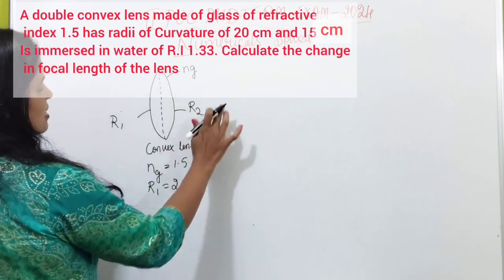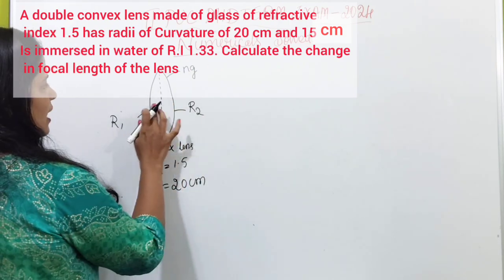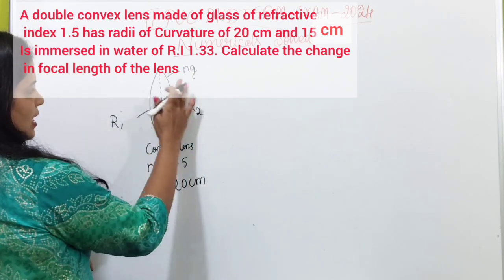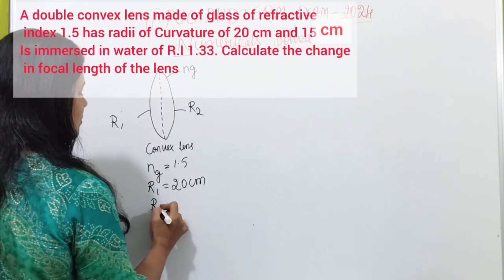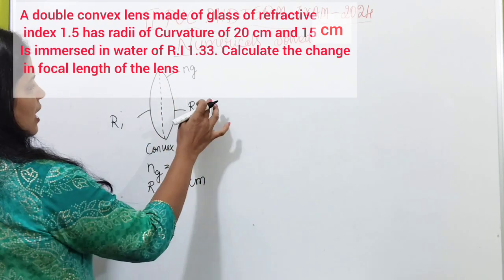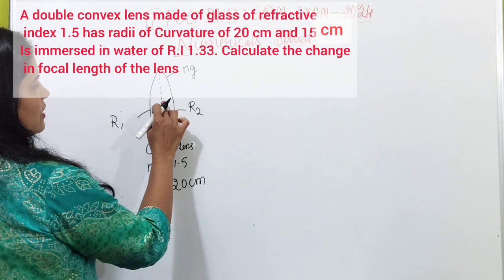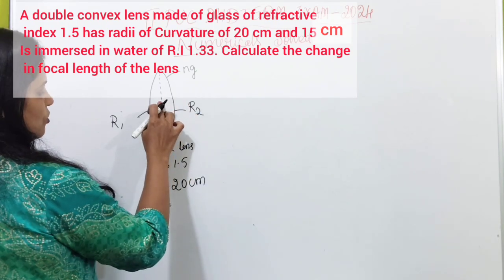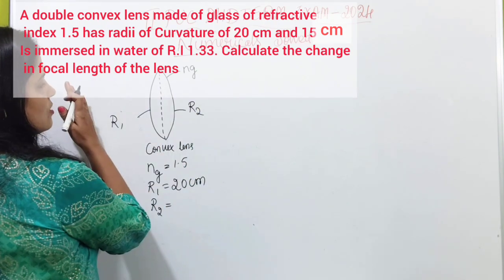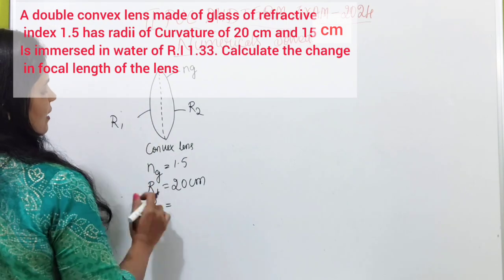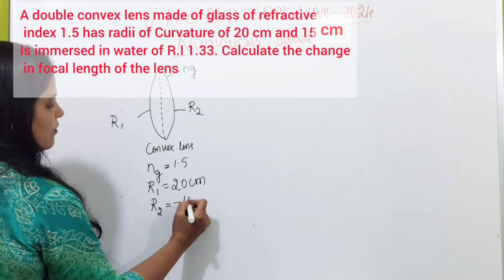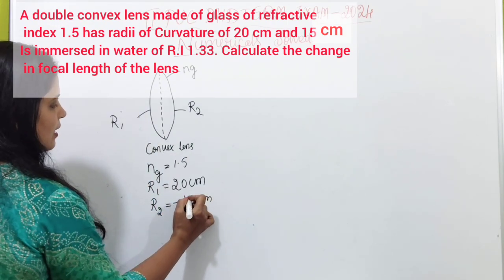R1 is positive because we are measuring along the direction of the incident ray, and R2 is negative because we are measuring the distance from the center of curvature to the pole opposite to the direction of the incident ray. That's why R2 is negative, which is minus 15 centimeter.